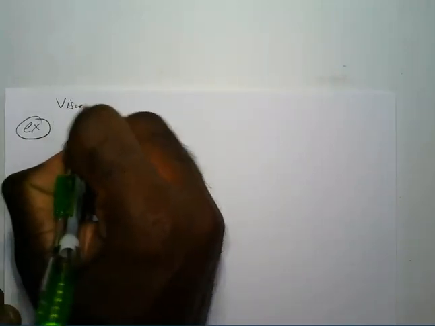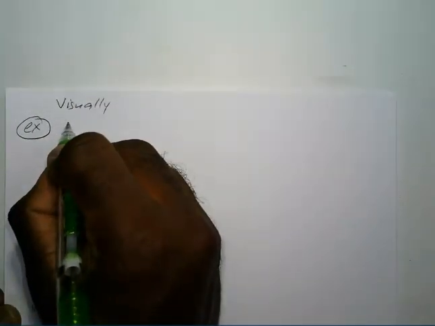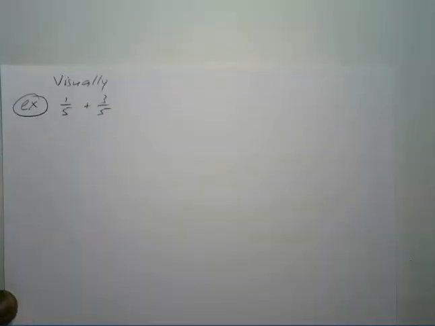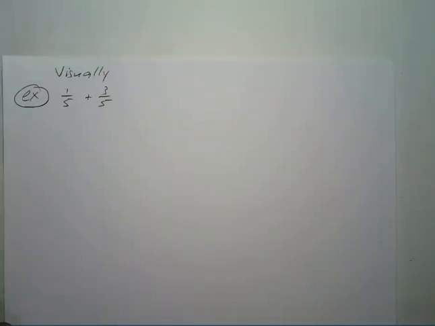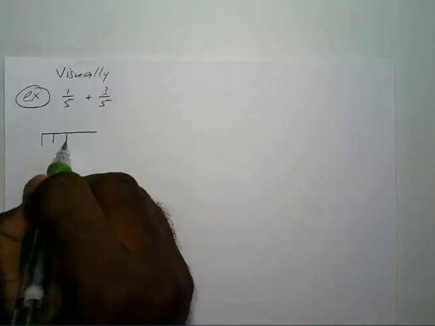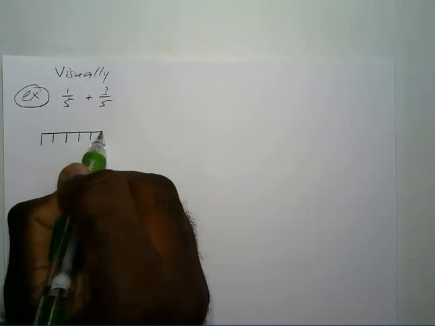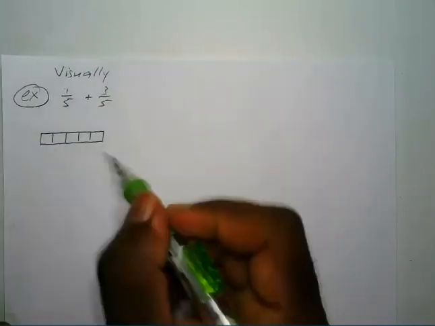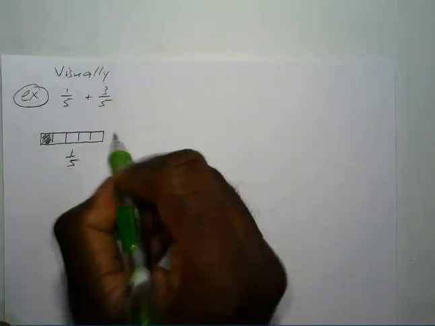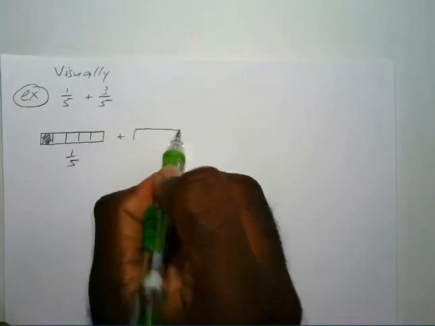All right, so let's say, for example, these are just visual examples. So 1/5 plus 3/5. How that would look is, you have 1/5, so you have 1 shaded out of 5 total, plus 3/5.